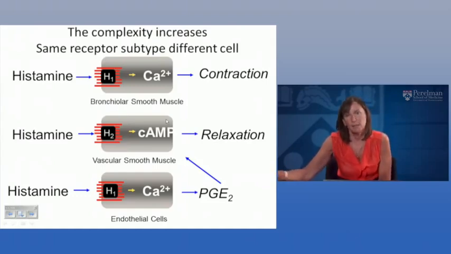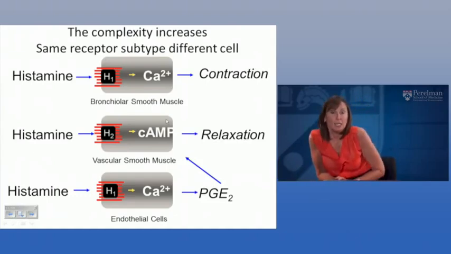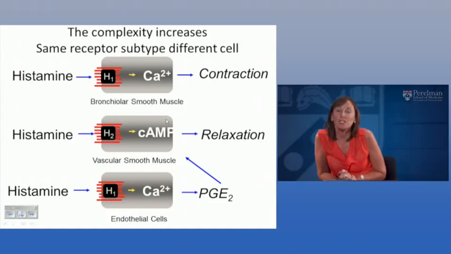So histamine binding to an H1 receptor on endothelial cells. Remembering that endothelial cells can be found on bronchiolar smooth muscle and can be found on vascular smooth muscle.